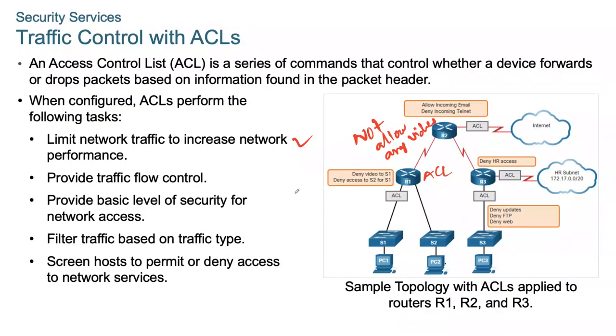And the second task it performs is traffic flow control. It provides traffic flow control at the edge router when it is configured. How it controls the traffic: corporate policies generally require that routing protocol traffic be limited to certain links only. Here in this network there are three routers.